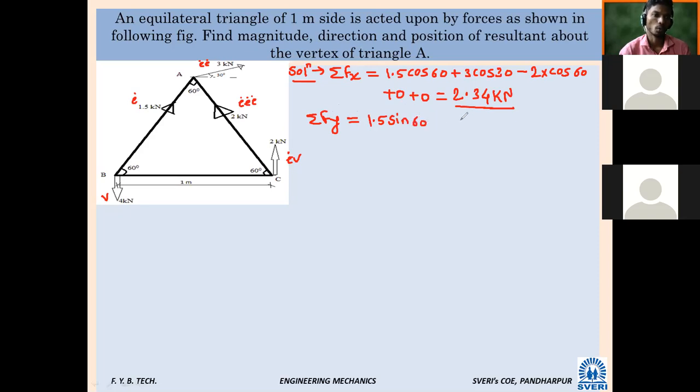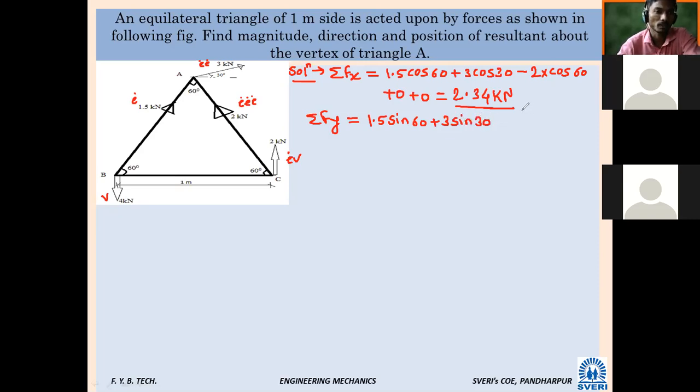Force number 2, 3 kilonewton. So the y component of the 3 kilonewton force, plus or minus? Plus. What will that component be? 3 into sin 30.